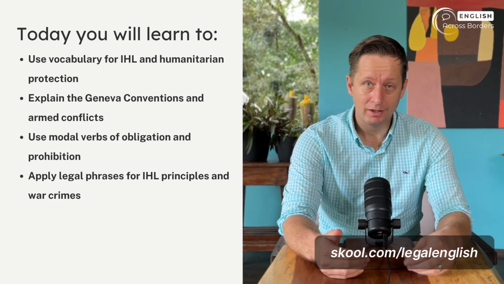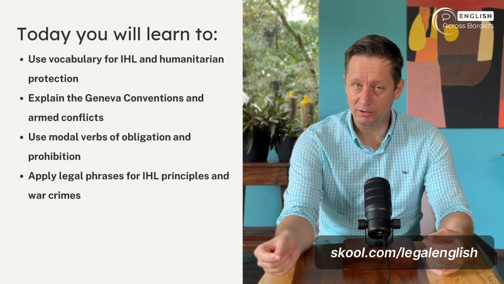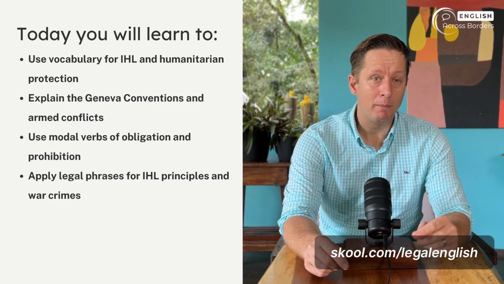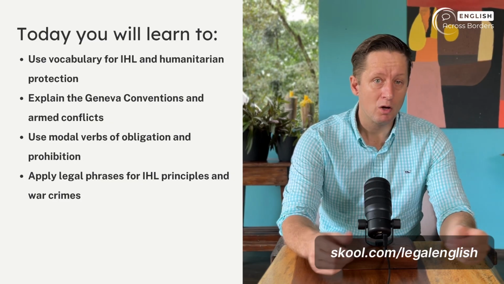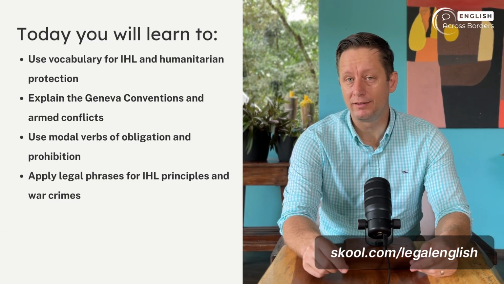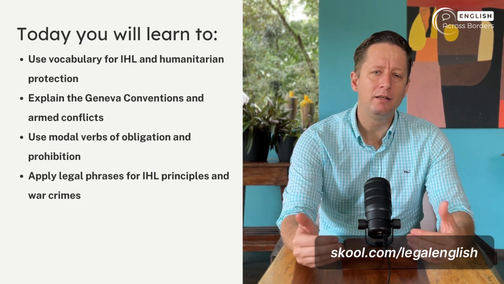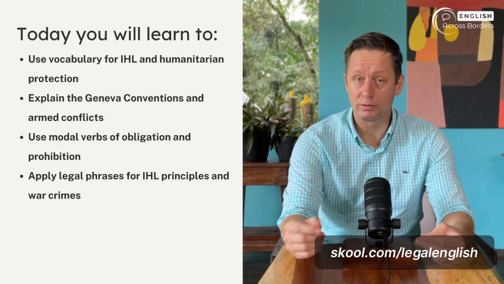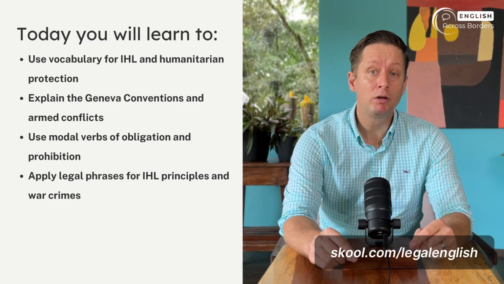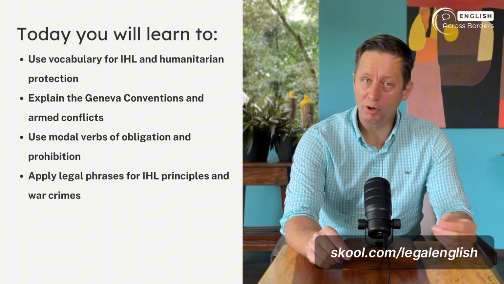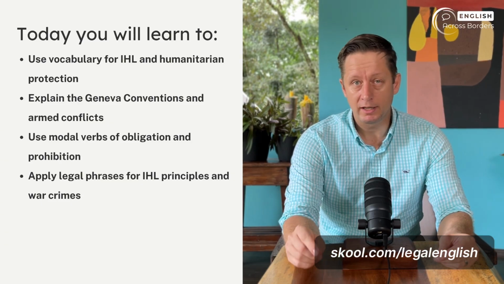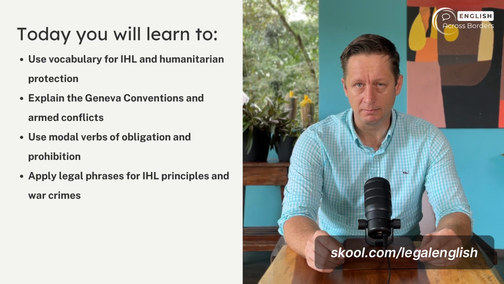For example, civilians must not be targeted, medical staff must be protected, weapons that cause unnecessary suffering cannot be used. We'll apply legal phrases such as respect IHL, protect civilians, prosecute war crimes, and commit genocide.